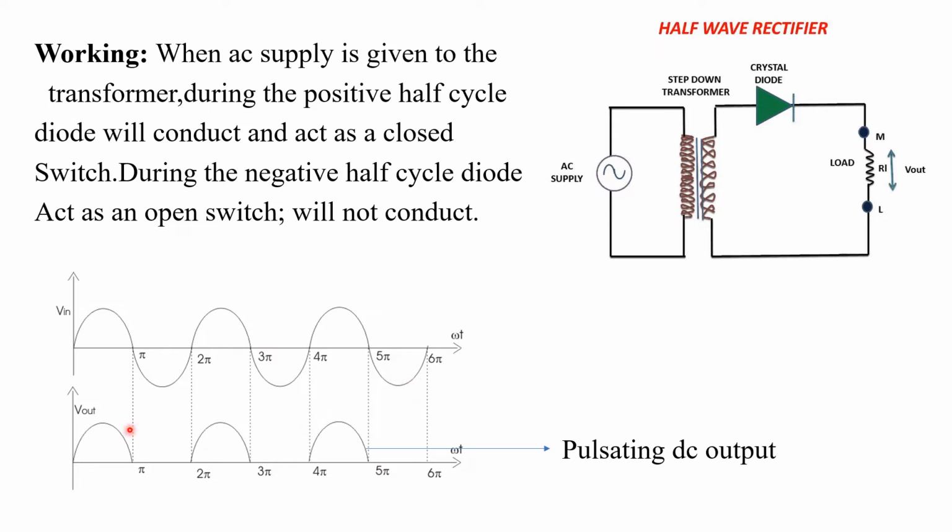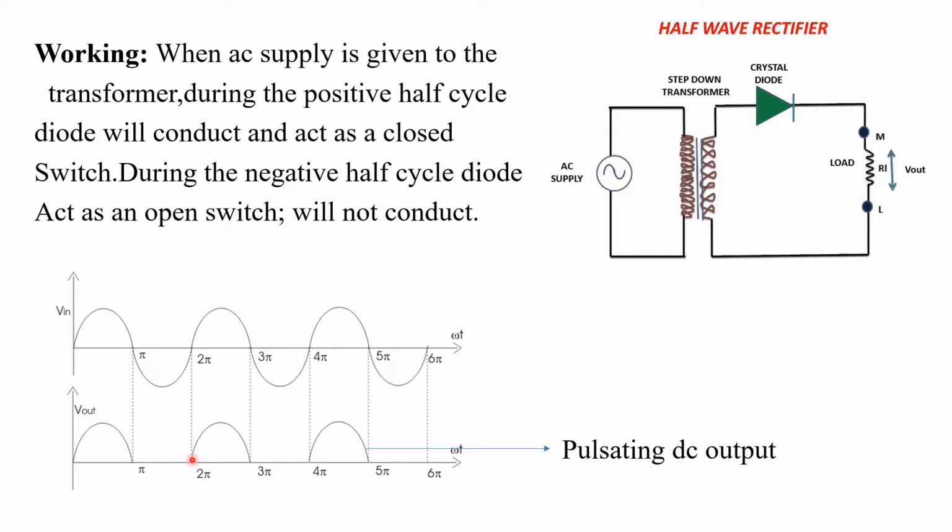So the output waveform will be like this. During the positive half cycle, the output waveform will be the same as the input given, like this. And during the negative half cycle, no conduction is possible. That means the output V0 will be 0.